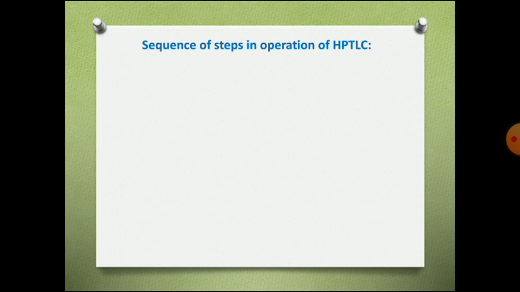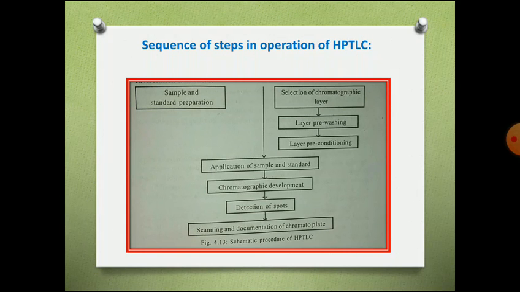So actually, this is the sequence of steps in operation of HPTLC. This is the sequence that we have to follow. This is the schematic procedure. These steps we have already seen.